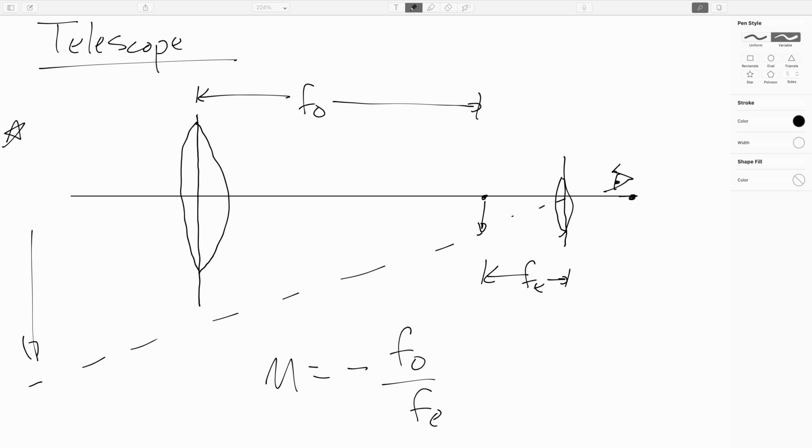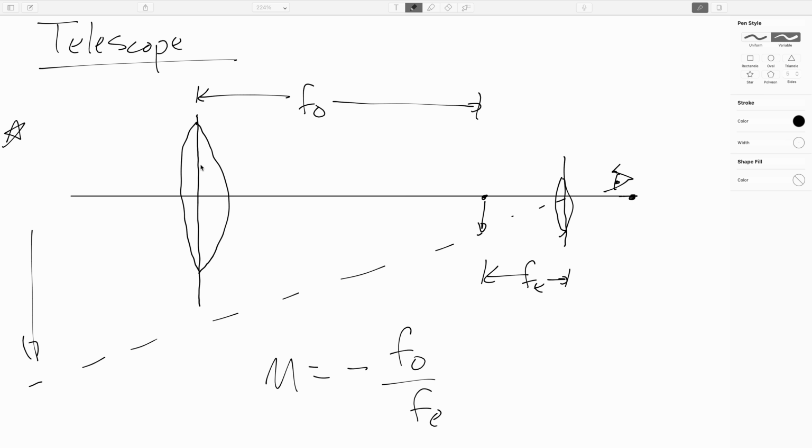And they always advertise the angular magnification of the telescope. You'll see some bright packaging that says 500x or something like that. Well, that turns out to be probably the least useful number you can use to characterize a telescope.